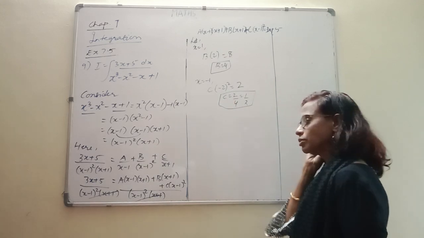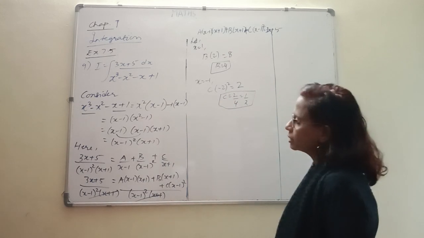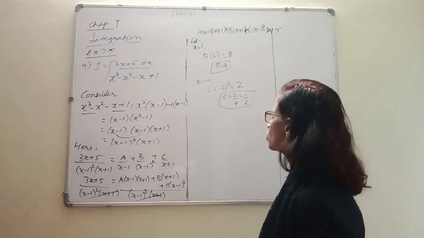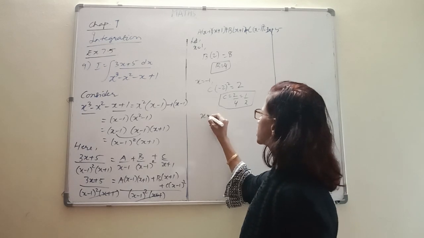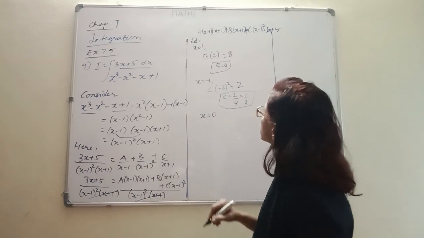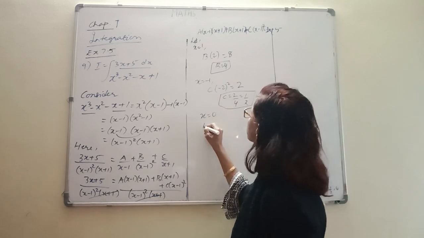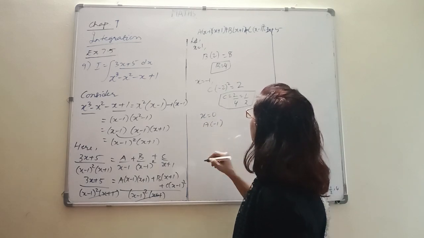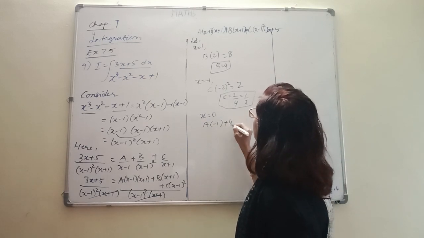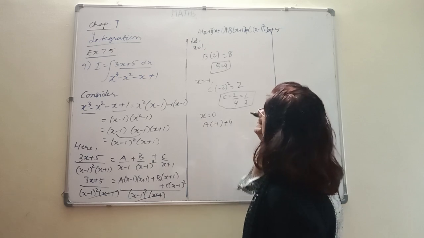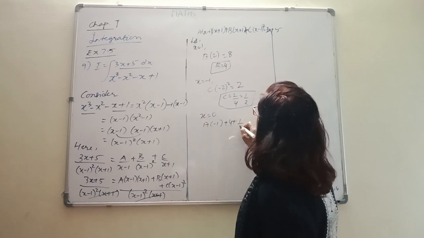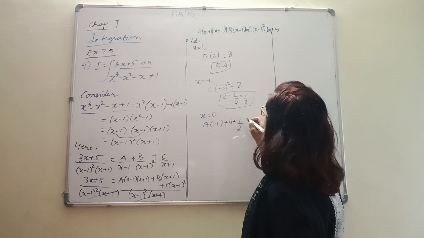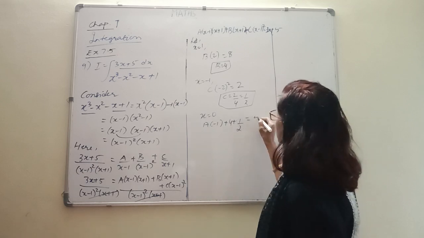So also you have now to get the a value, but for that there is no obvious substitution. Let's put x as 0 then. If x is 0, a times negative 1. b, we know the value, it's 4, so that's 4. And c, we know it's half, times negative 1 the whole square is 1 itself, so half. And on the other side, it's 5.